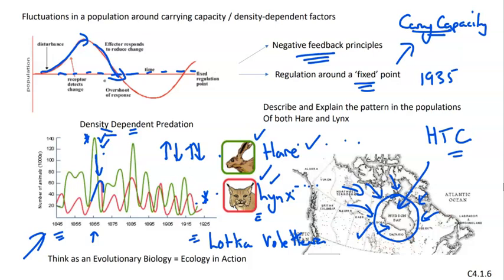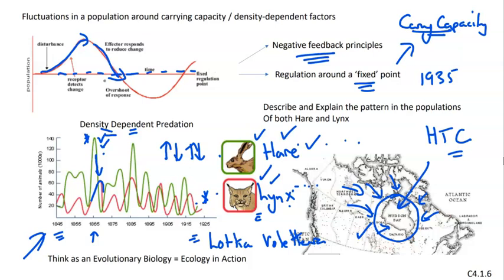So this is one of the early ecological studies of populations, and students should be aware that of course there's more to this than just the numbers, because the hares which are successful in evading the lynx must have characteristics or behavior which is advantageous.